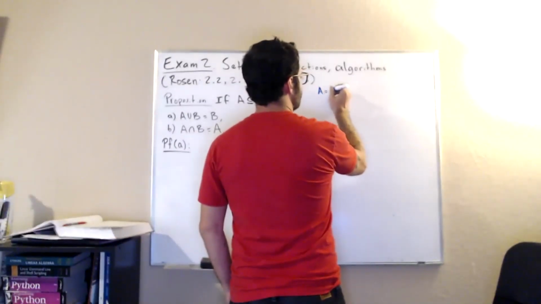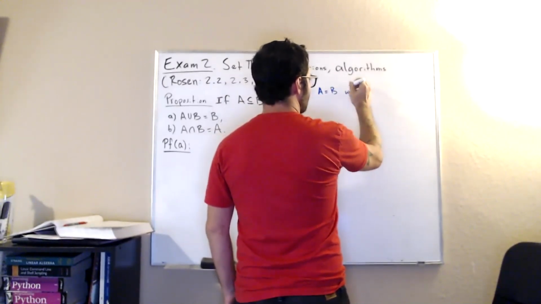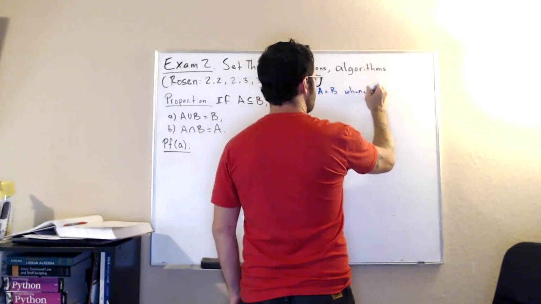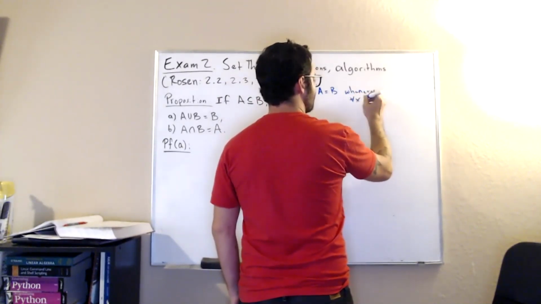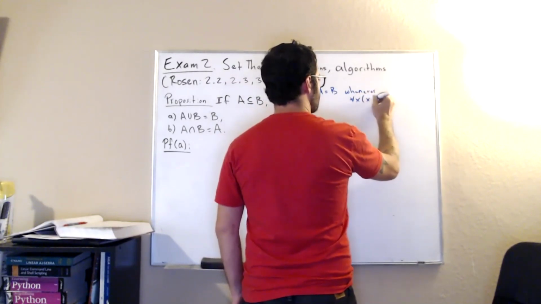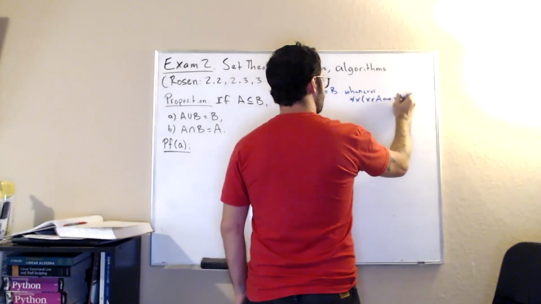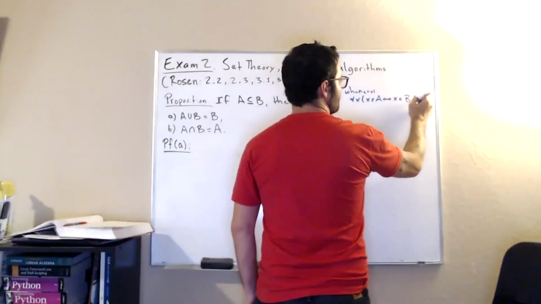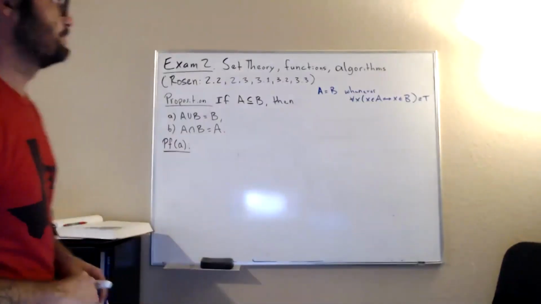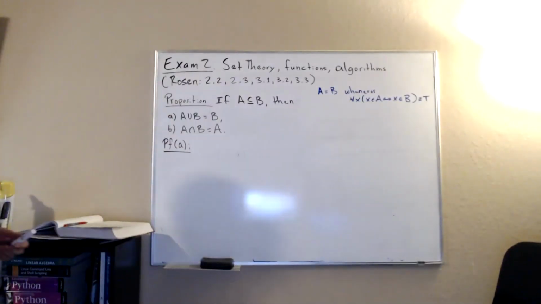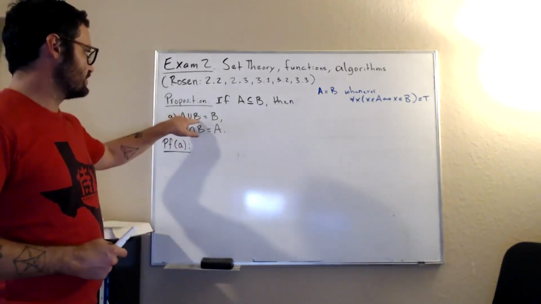So A is equal to B. The two sets are equal whenever X is in A if and only if X is in B. In order to show that these sets are equal, if I pick an X over here, it better be over there.